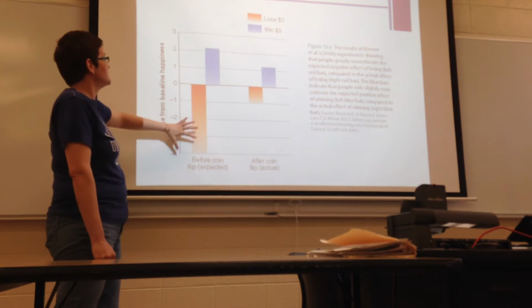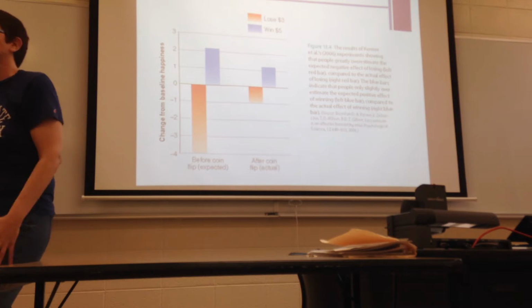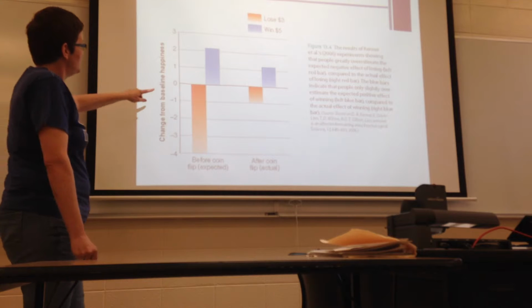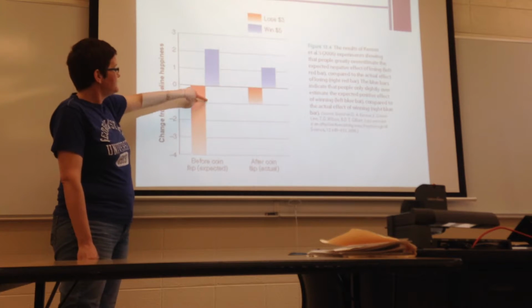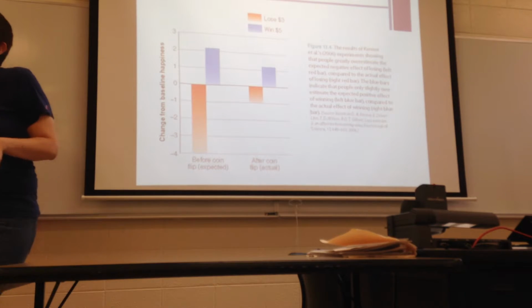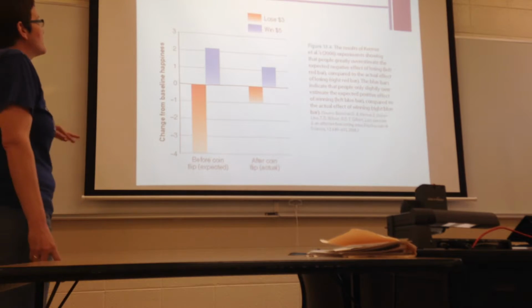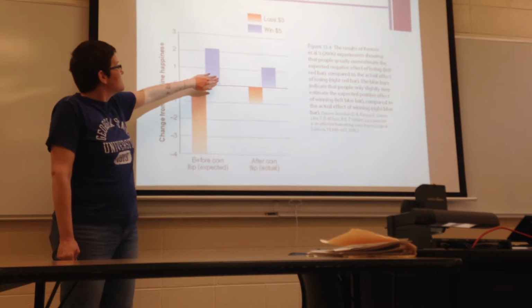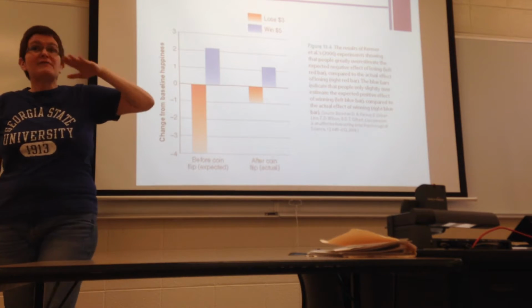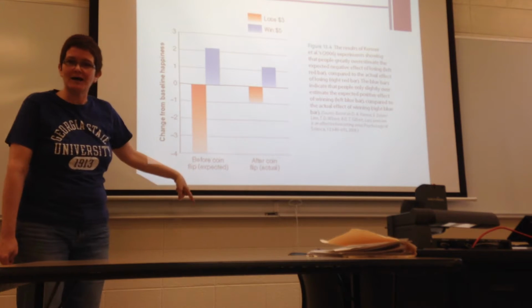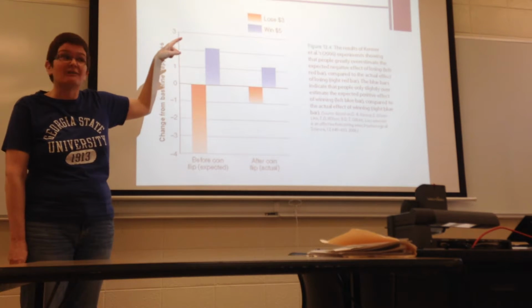And they asked people first how they thought they would feel with a particular outcome. What's interesting is that people report that if they got a loss, they think that they would feel really, really bad. Nobody wants to lose $3. And they reported that if they win, they would feel really good. Not as good as they would feel bad if they lost, even though it's more money, which is kind of ironic.